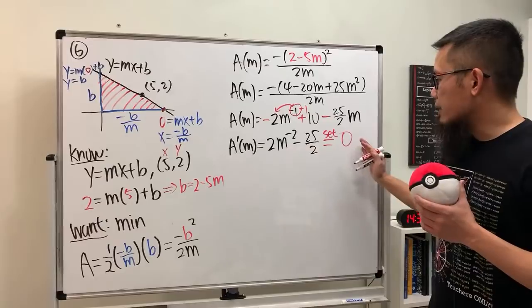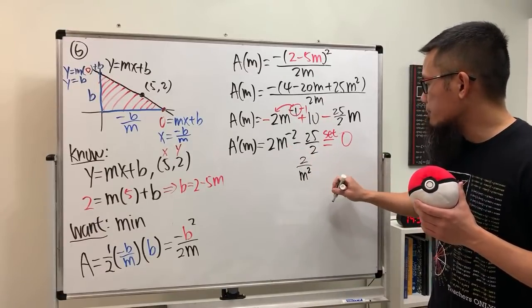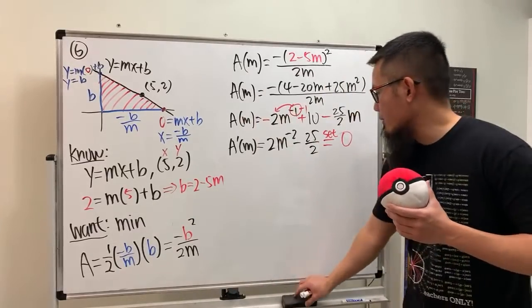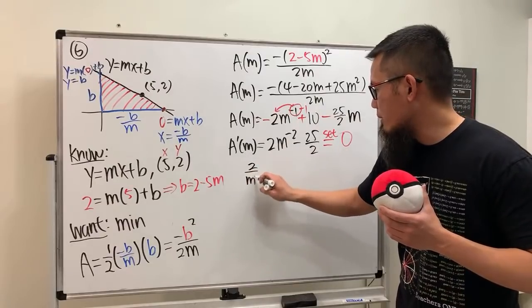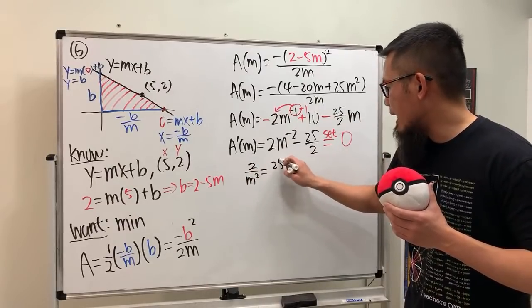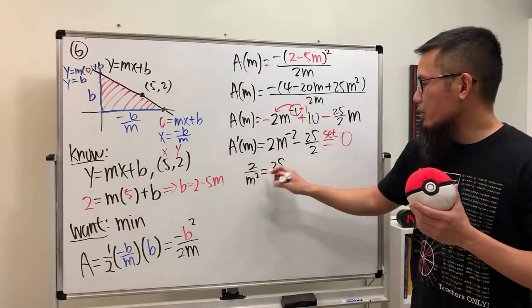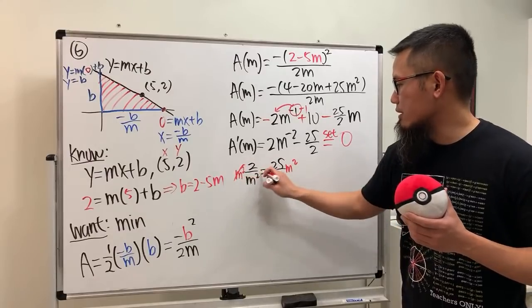I'm going to move this to the other side and rewrite this as 2 over m squared. Let me write it down like this. I know I'm going to run out of space, so let me put this to the other side. So here I will have 2 over m squared equals 25 over 2. And I'm going to multiply m squared on both sides to show you guys the typical algebra.